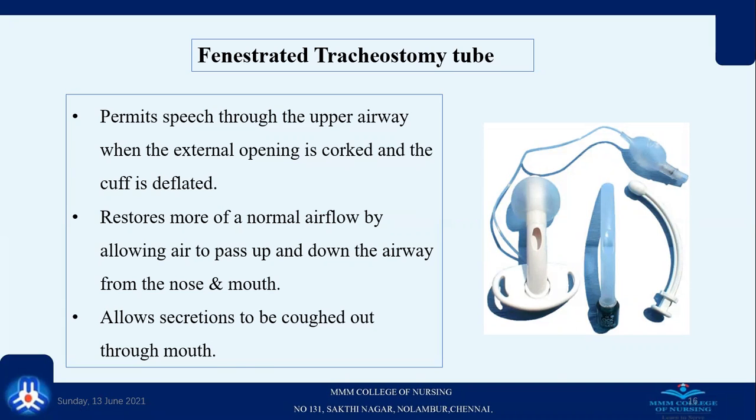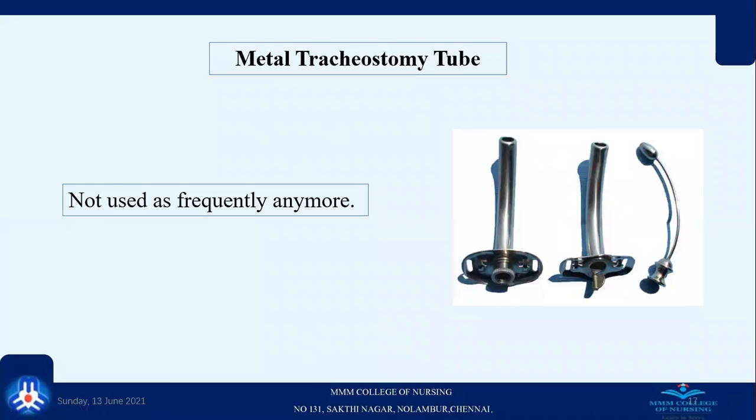Another advantage of using this fenestrated tracheostomy tube is allowing secretions to be coughed off through the mouth once the patient regains the coughing reflex. And this is the metal tracheostomy tube, which is very rarely used, but this can be used among patients who require a permanent tracheostomy.